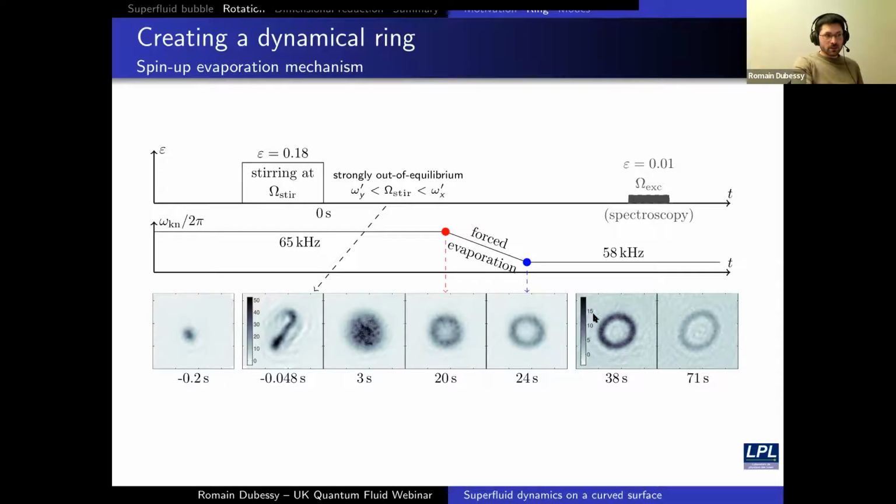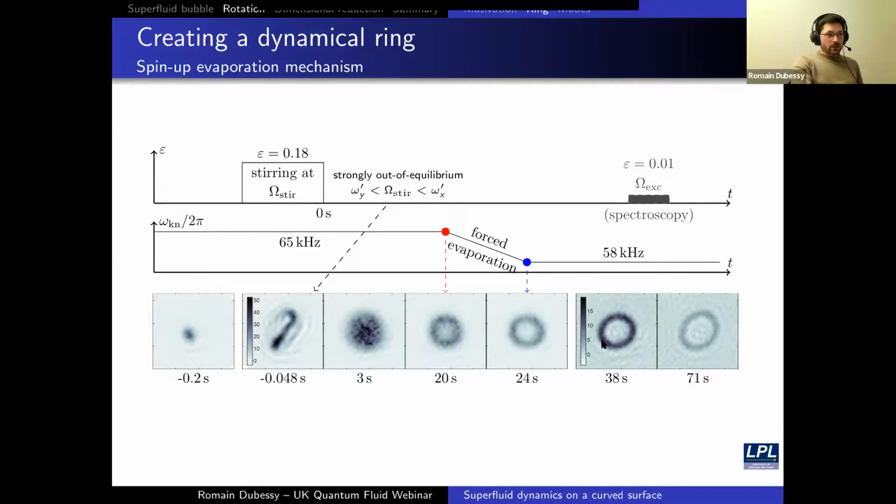So this is the atomic density in atoms per micrometer square, typically 15 to 20 atoms per micrometer square, with fast rotation and quite long lifetime, because you see we can see this rotation for more than 1 minute in total.